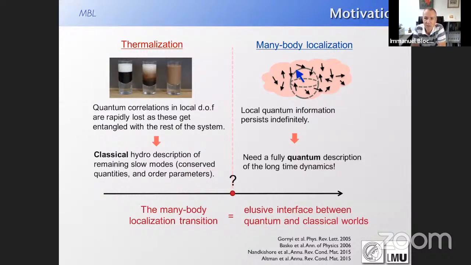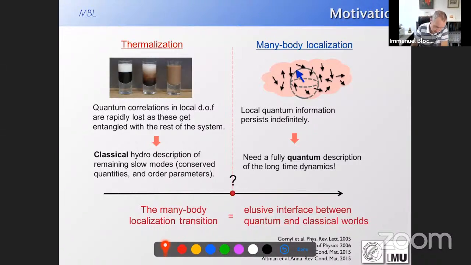And you've heard about that phenomenon before in David's lectures and in Ehud's lecture. I took this slide from Ehud, and I think it epitomizes in pictures what we think a thermalizing system is and what an MBL system is. So in thermalizing systems, you can start with some initial state.